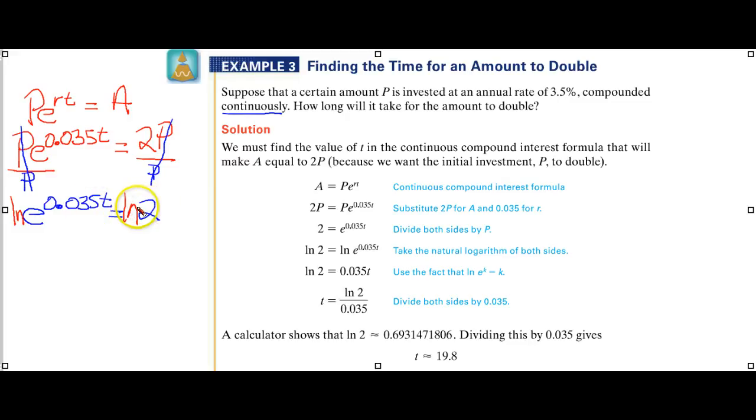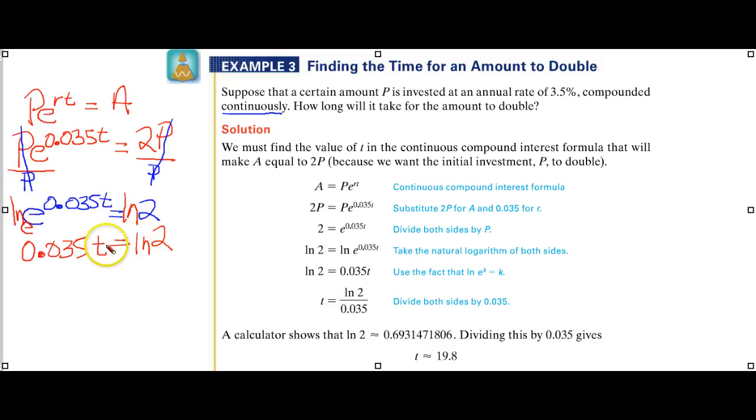I'm allowed to do that. Now we had said in the previous slide that there was an e here, because this is what the natural log is, base e. When we have this arrangement of e and e, this side just becomes a 1, so we end up with the natural log of 2, which is what we have right there.